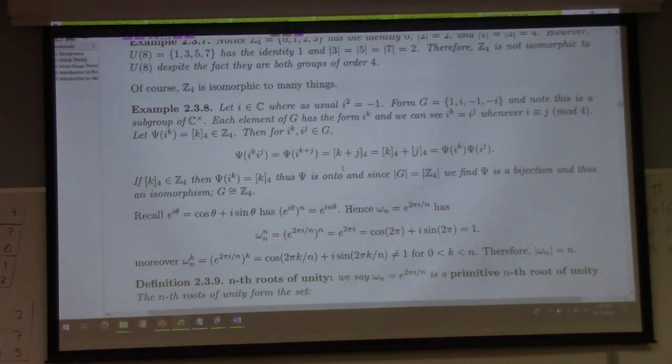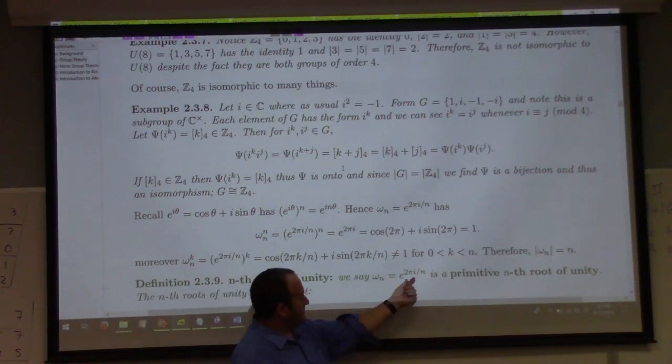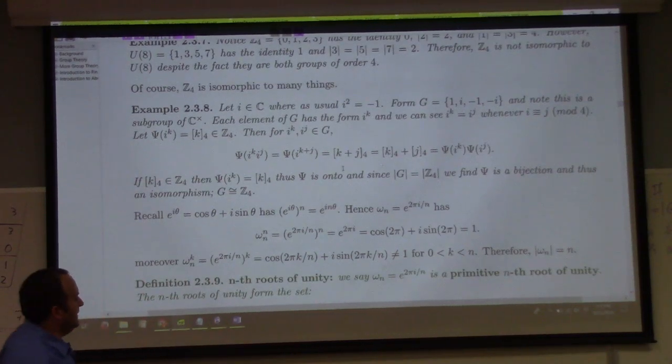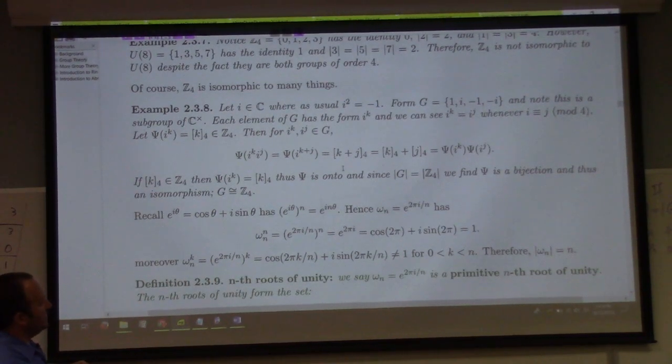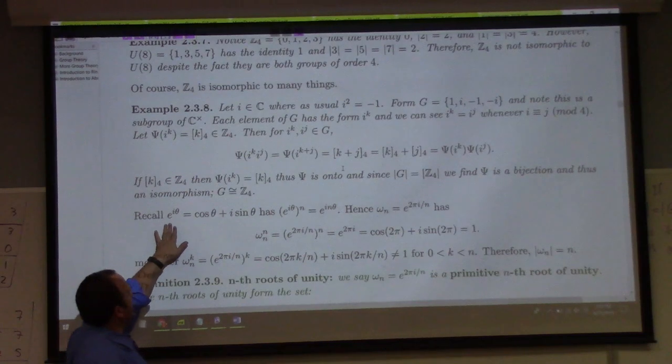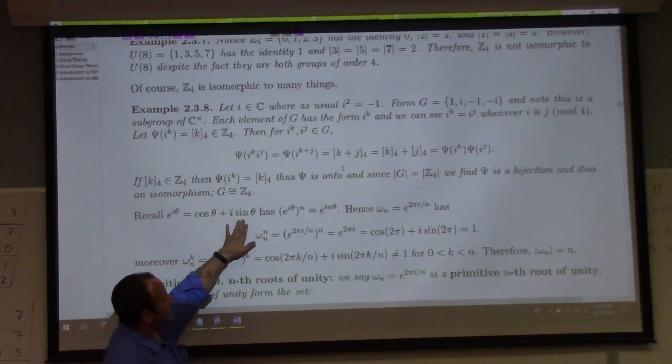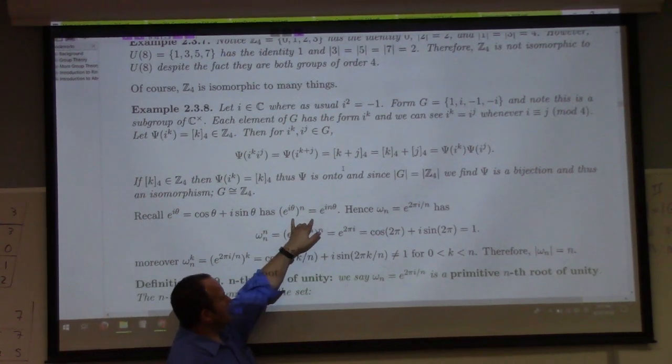What are the nth roots of unity? Well, they are of the form e to the 2 pi i over n. You have to remember e to the i theta is cosine theta plus i sine theta. And we have De Moivre's theorem.